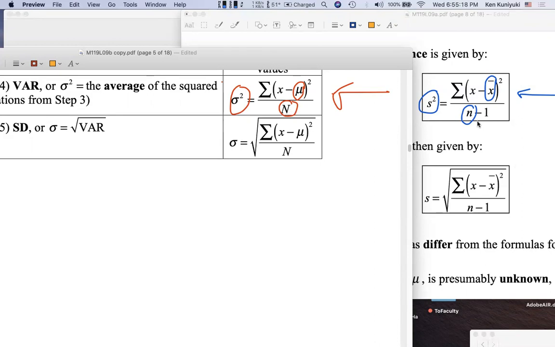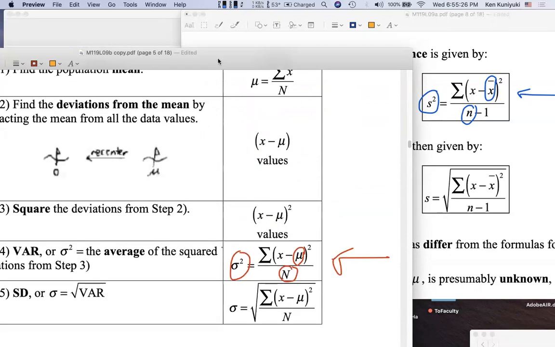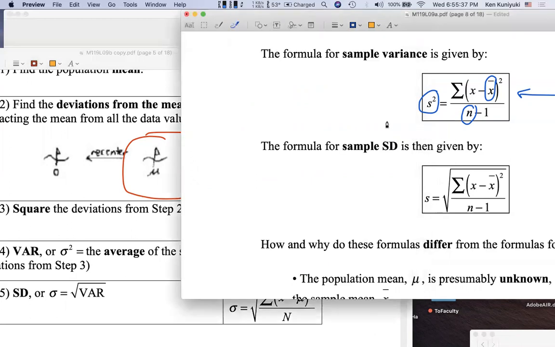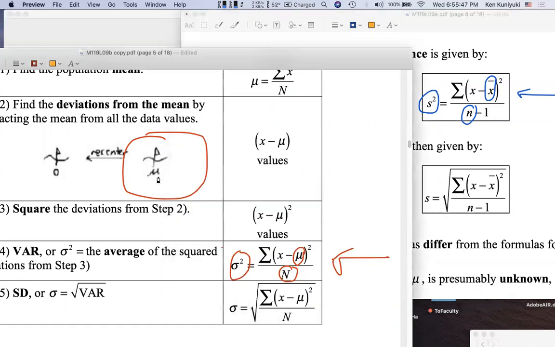There is a bit of a technicality here. So why is that? Why do we divide by n minus 1 here in the s squared formula? Well, here's the reason. Remember that we're supposed to plant our flag for the data set at the population mean. But here, when we're analyzing sample data, we don't have the population mean available to us. We just have a sample mean. The problem is that the sample mean is often an imperfect estimate for the population mean.